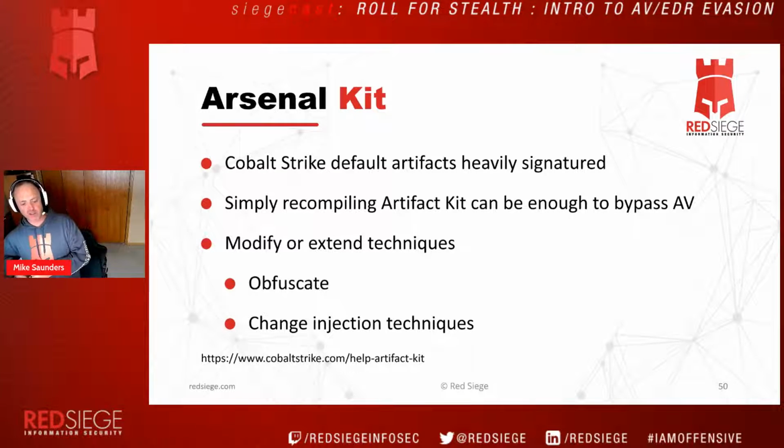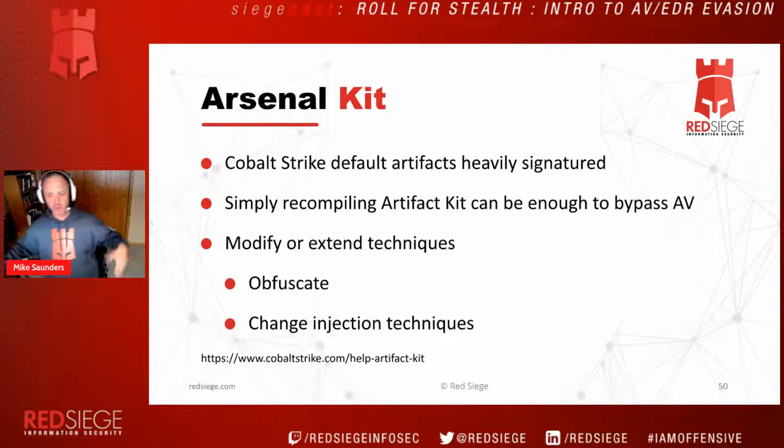Moving to other C2s is probably the direction most people are going, but know that you can still wring some more life out of Cobalt Strike by working with things like the artifact kit and the user-defined reflective loader. But those techniques are for AV Evasion 102 or higher. That's the next talk.